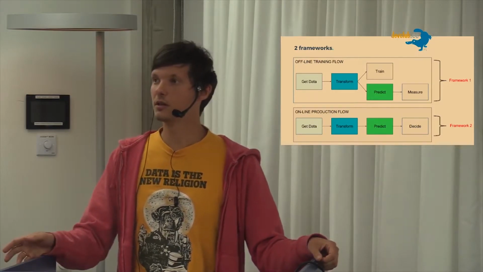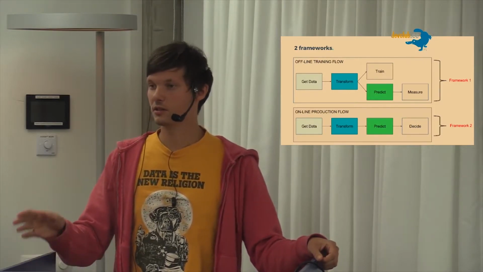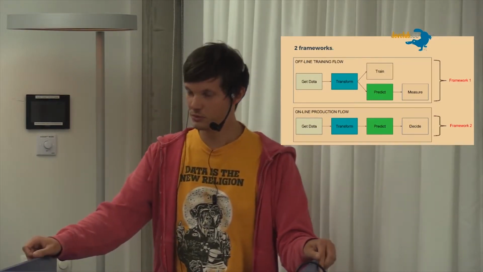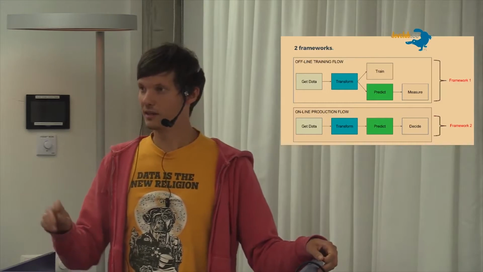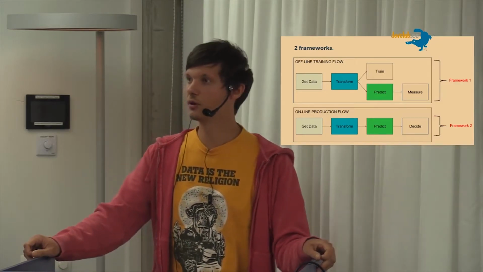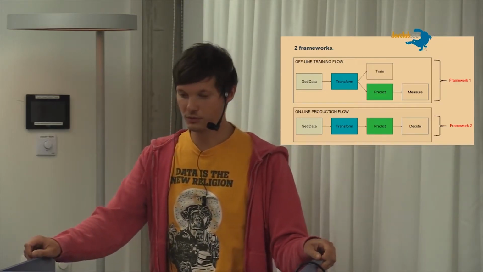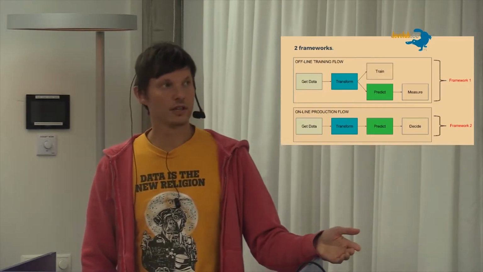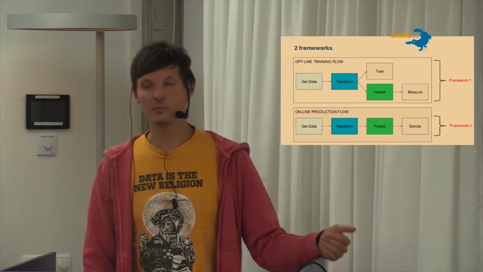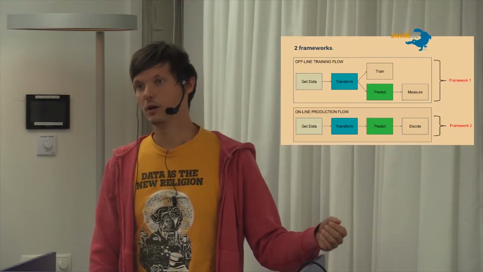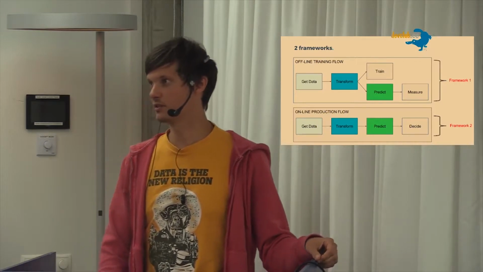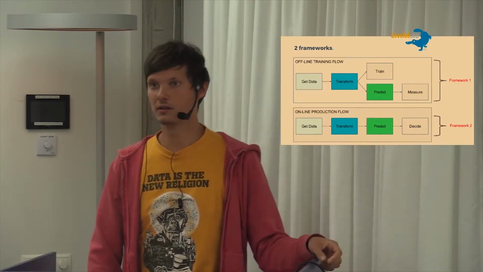It runs for a while. You collect statistics, see that it works as you want it to, and only then you switch your production flows. The downside here is the feedback loop. You have to wait for a few weeks maybe to collect these statistics. Otherwise, you can't make a decision.